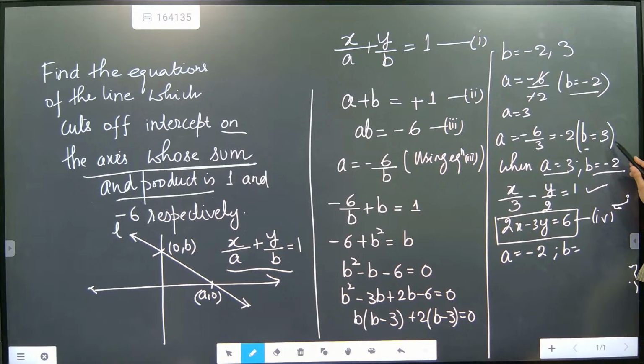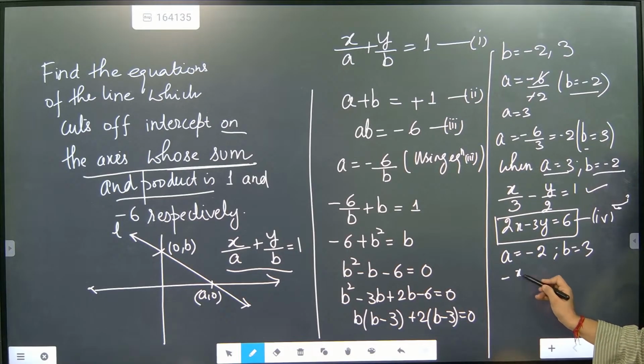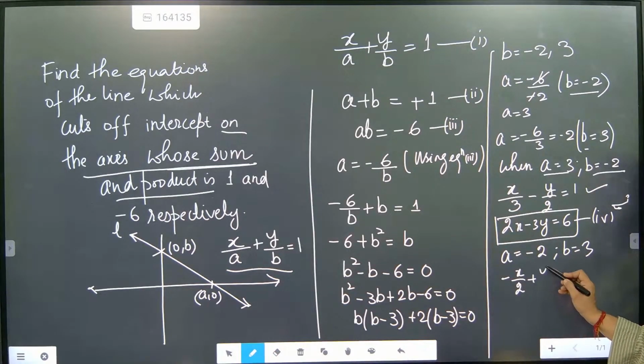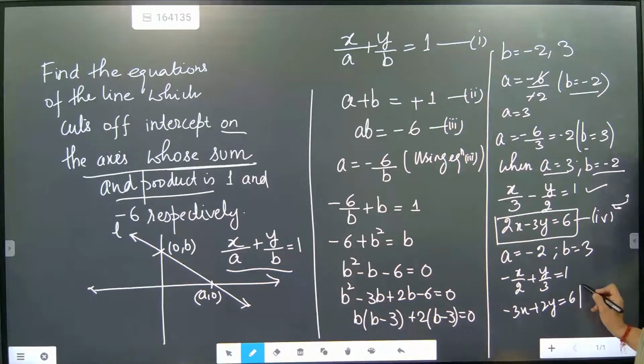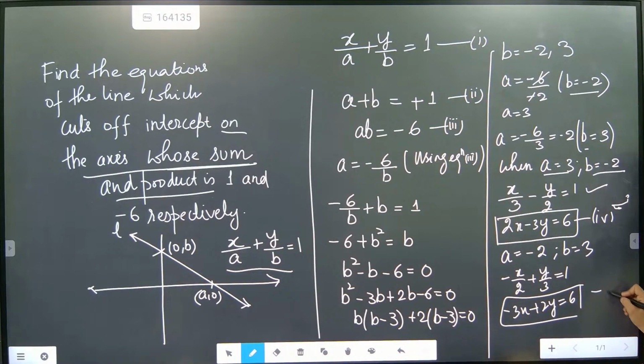Second one, b is equal to 3 and a is coming as minus 2. So minus x by 2 plus y by 3 equal to 1. So here minus 3x plus 2y equal to 6. So this will become equation 5. So these are the two cases you have to consider and write the equation. So this question is done.